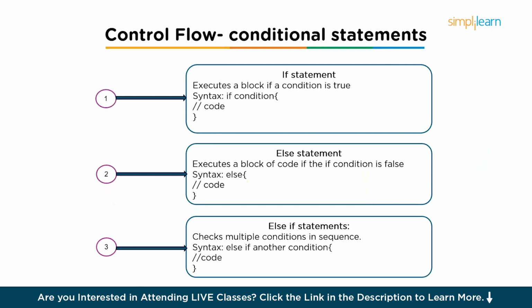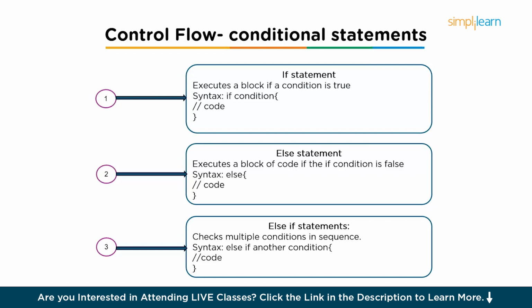So we have control flow conditional statements, which include the if statement, else statement, and else if statement. The if statement is the most basic conditional statement. It allows you to execute a block of code only if a specified condition is true.